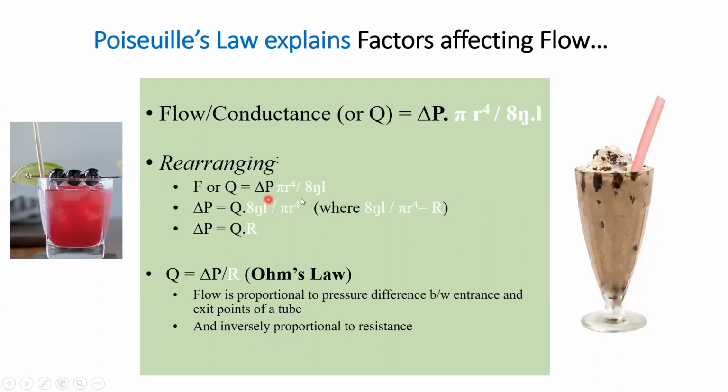Now, this expression is basically a formula for resistance. So we replace this with R. So now we have a very nice and very meaningful equation coming out of Poiseuille's law, which is delta P is affected by the flow and the resistance.